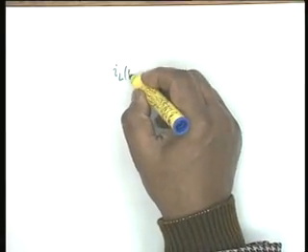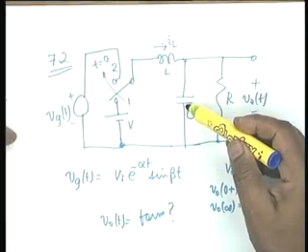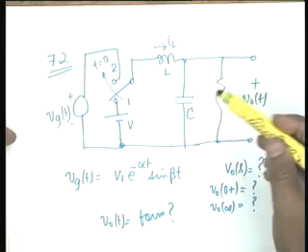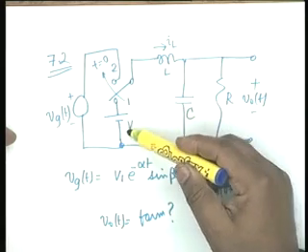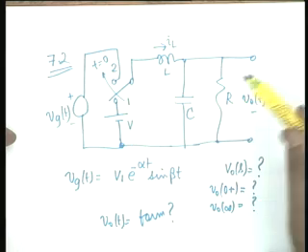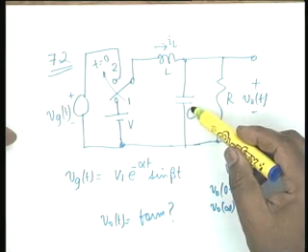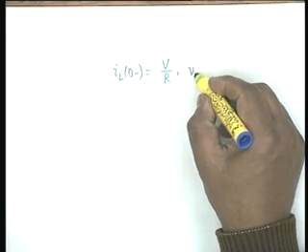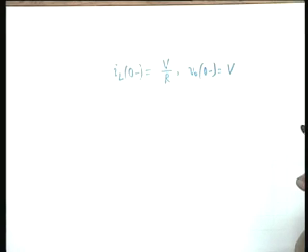The other energy storage element is the capacitance C, and obviously at 0 minus C shall be charged to the voltage V, and therefore V0(0 minus), V0 being the voltage across the capacitor, is equal to capital V. These are the conditions at t equal to 0 minus.